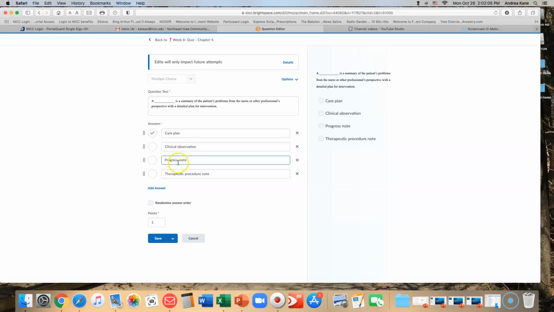Once you rule out clinical observation, you can rule out progress note as well, because that's not the content of that. A therapeutic procedure note is on page 108, and it's all about procedures. It doesn't say anything about the other. So let's find care plan.